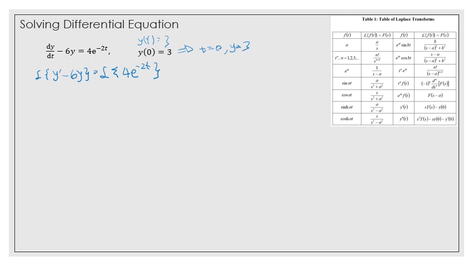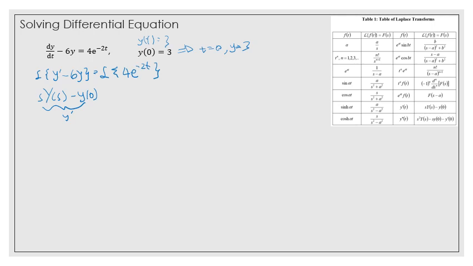The Laplace transform of y prime, we refer to the table, will become sY(s) minus y(0). Be careful with the capital or small y. This is the value of the Laplace of y prime. When we have capital Y, it indicates that the variable inside must be s.